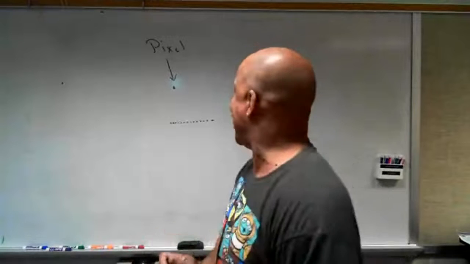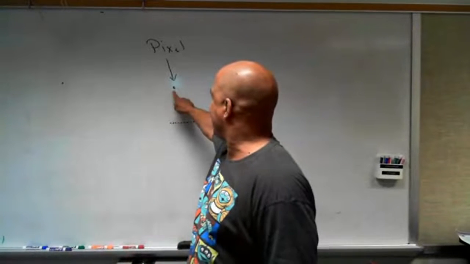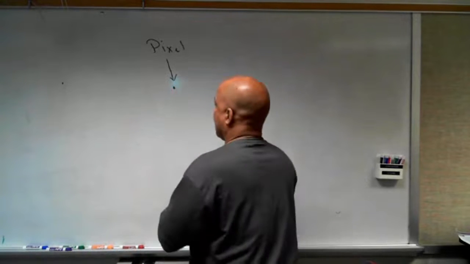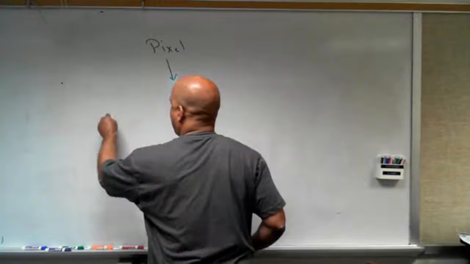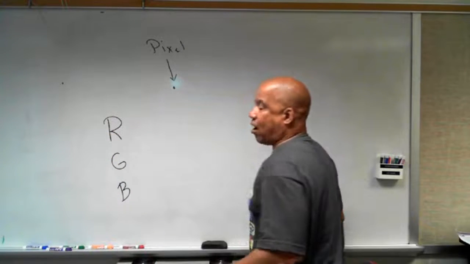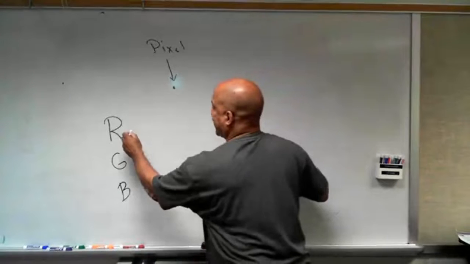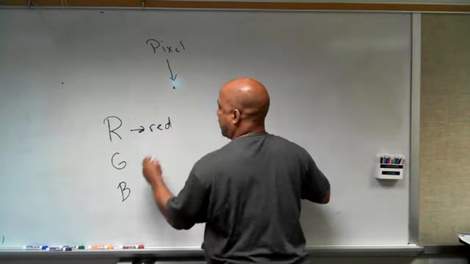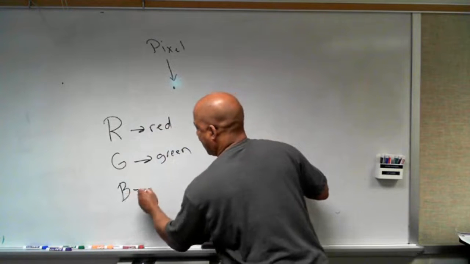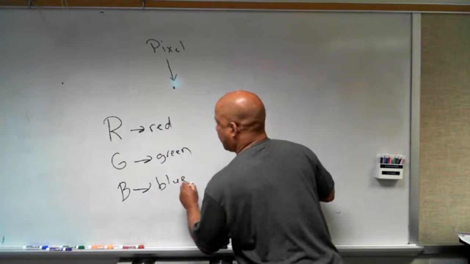But interestingly, a pixel is not just a single code. It's actually 3 codes. And the code that they use is called RGB. So it's called RGB code, and the R stands for red, the G stands for green, and the B, of course, stands for blue.